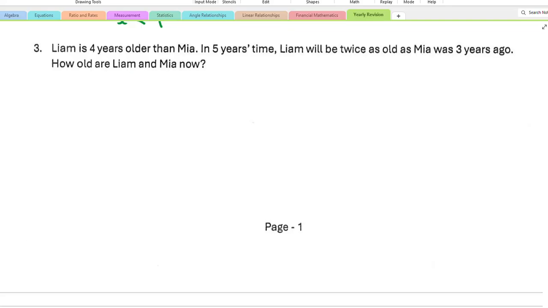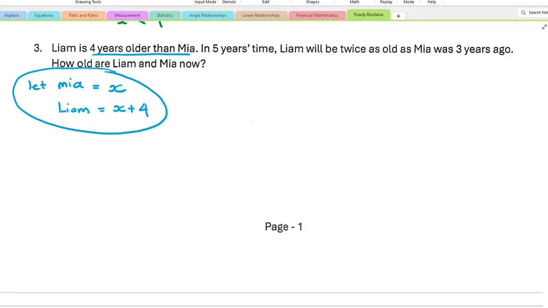So I'm going to let Mia's age be equal to x. Because in the question it says, Liam is 4 years older than Mia. So if Mia is x, Liam is going to be 4 years older than that, which is x plus 4. Okay, so that's my first bit of starting information.